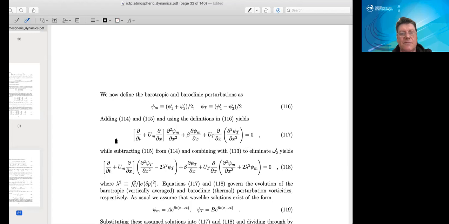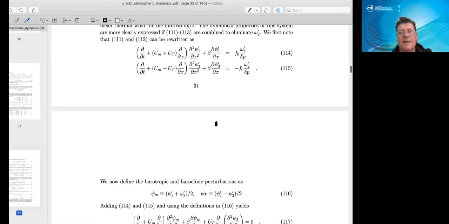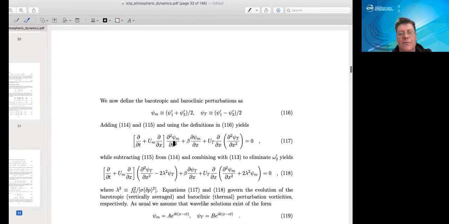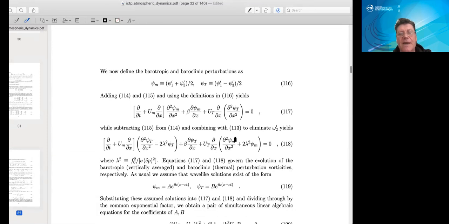This is the stream function equation by adding these two up. Then this term vanishes, and we get this equation here. However, we can combine them in a different way in order to eliminate omega 2, and we get to this equation here, which is due to the thermodynamic equation.